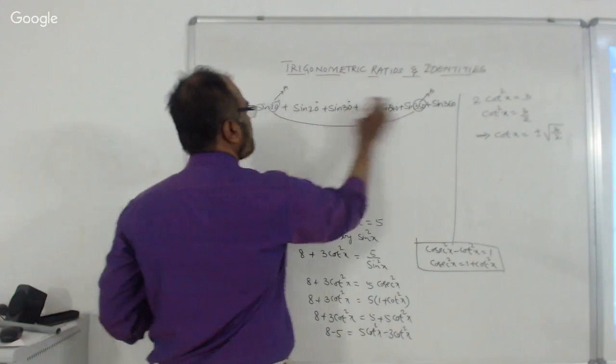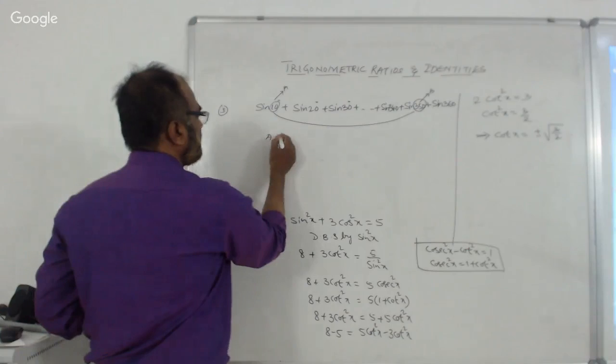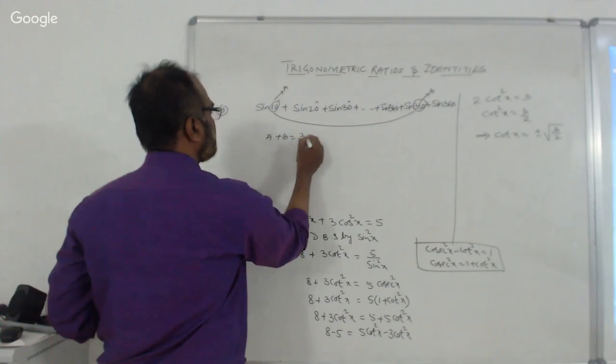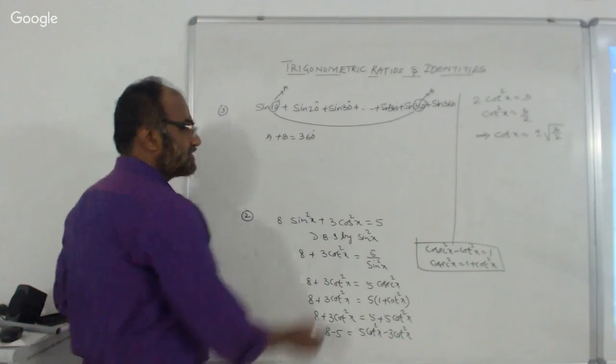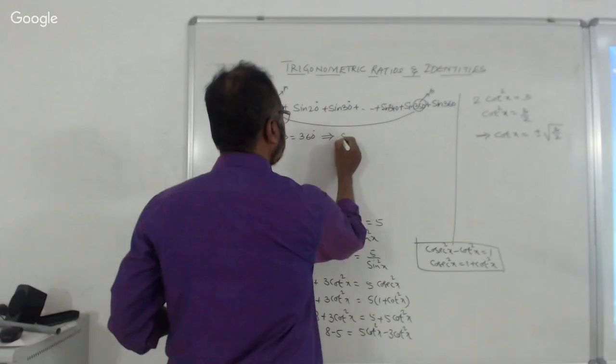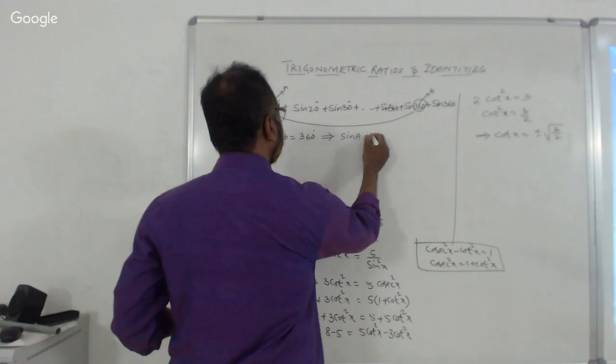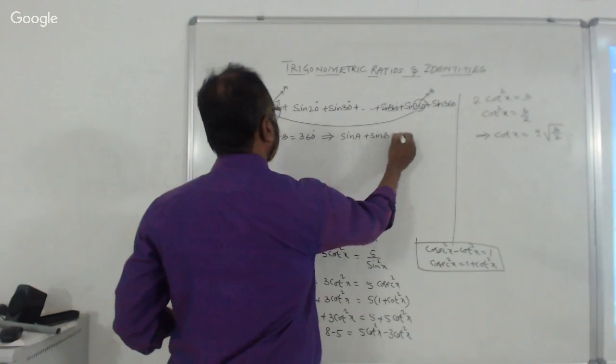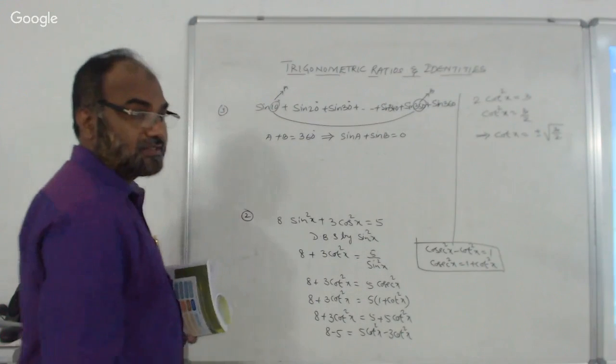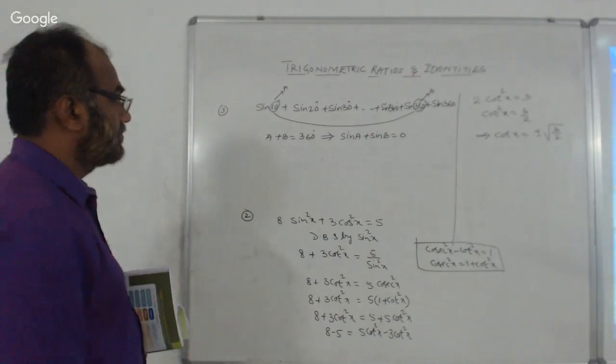Now, if I add these two, A plus B is 360. Whenever A plus B is 360, sin A plus sin B is 0.